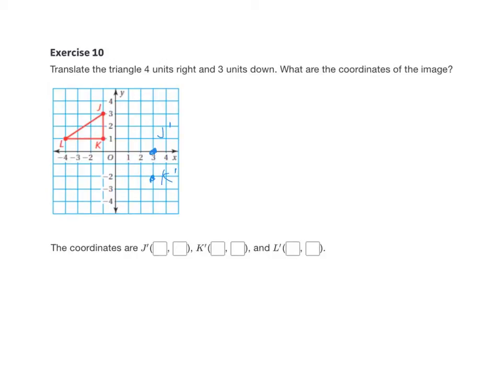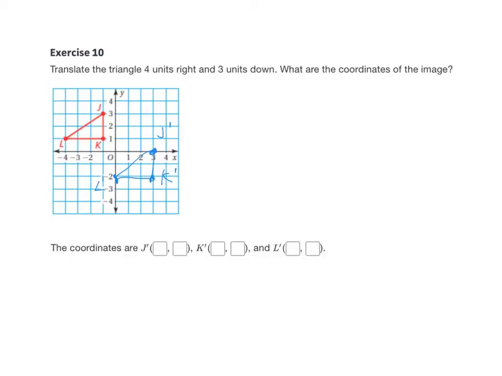And then we've got L. We're going to go 4 units to the right, 1, 2, 3, 4, 3 units down, 1, 2, 3. And so that is going to be right there. That would be L prime. And our triangle should be congruent.